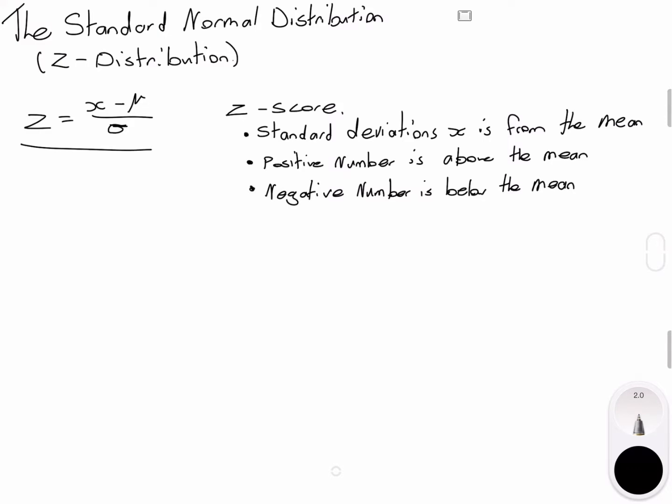What this means is that we're going to have a Z score given to us.